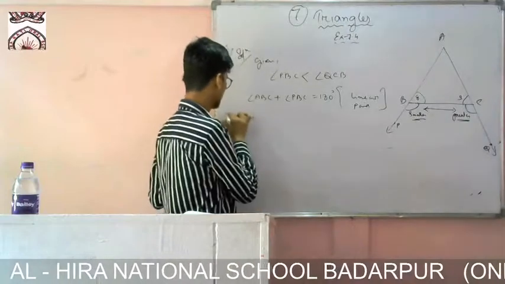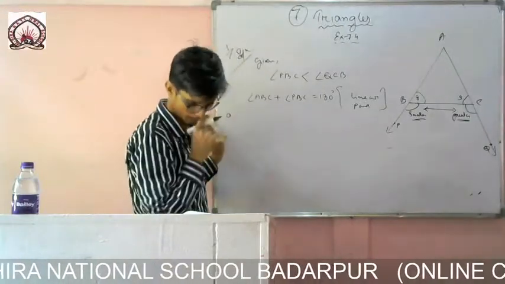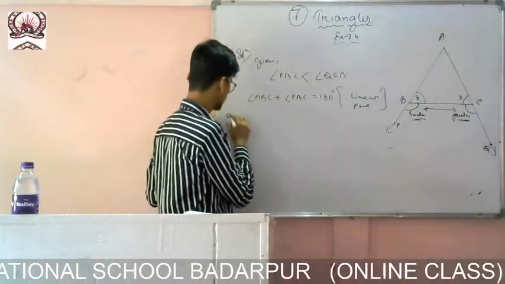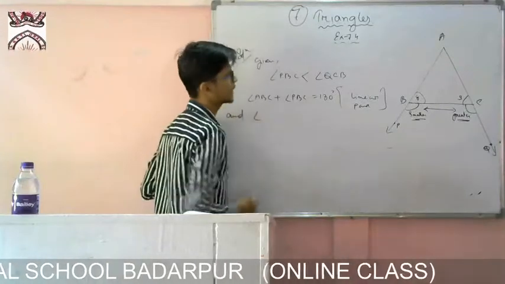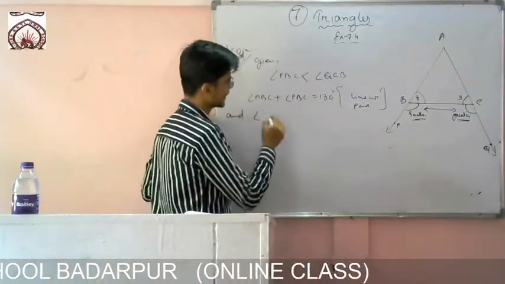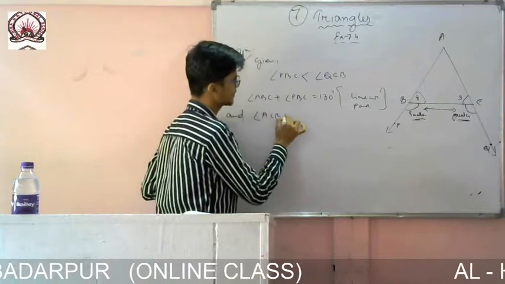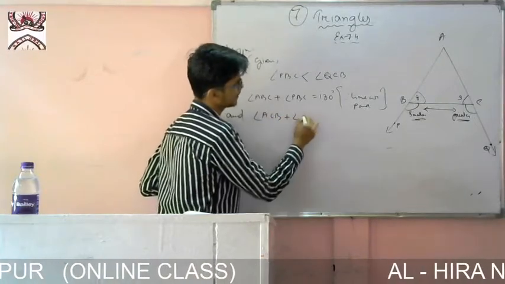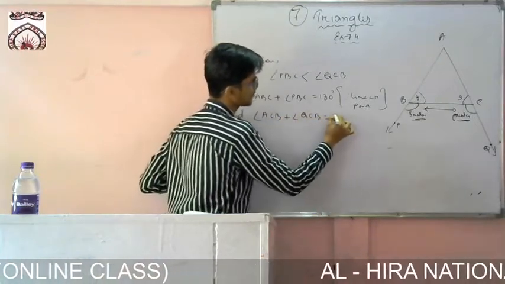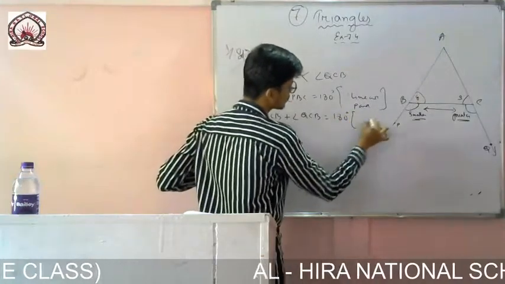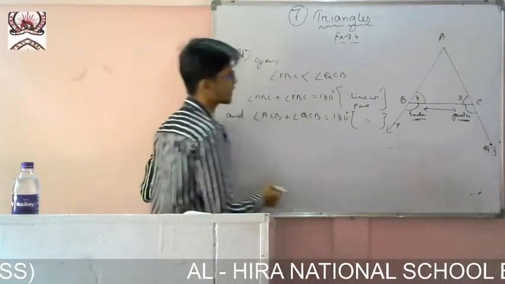And angle ACB plus angle QCB is equal to 180 degrees, and the reason will be the same, linear pair.